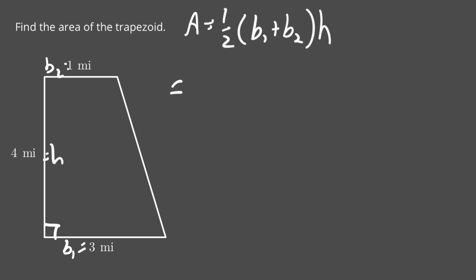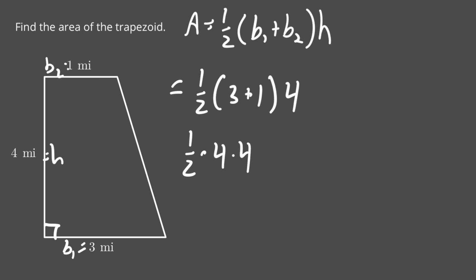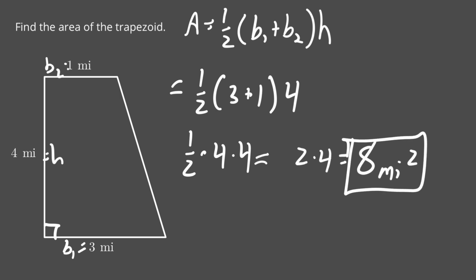Plugging into our equation, we have 1/2 times 3 plus 1 times the height, which is 4. Simplifying, we have 1/2 times 4 times 4. Simplifying 4 times a half gives us 2 times 4, which is a total of 8. And now our units are miles squared, or square miles.